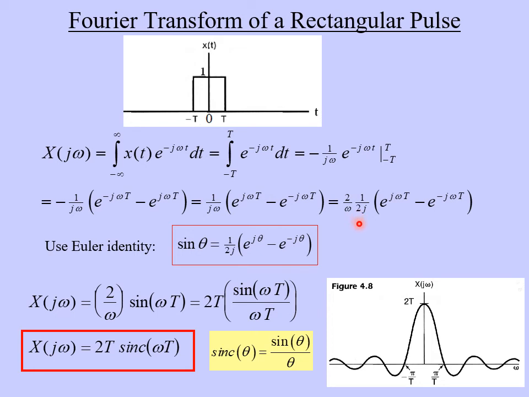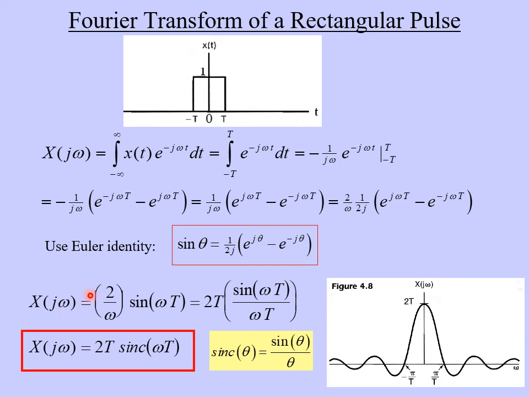Now, the reason I did this is everything, if I block off this first term, everything that you see to the right of my marker here is precisely equal to a sine function by the Euler identity. So all of this stuff here, from here on, just becomes sine of theta, and theta is equal to omega t. So we can simplify this thing down.